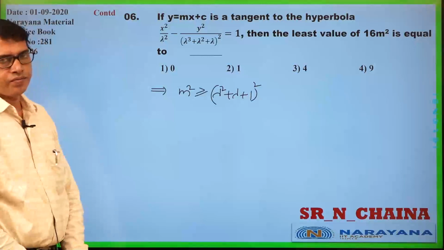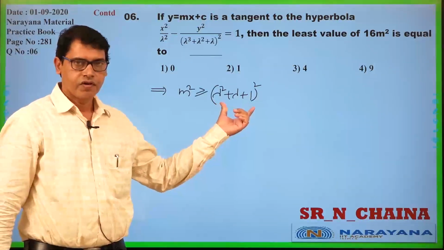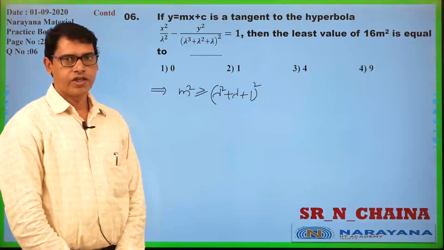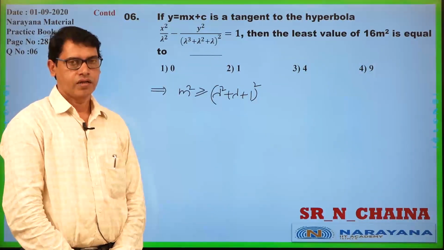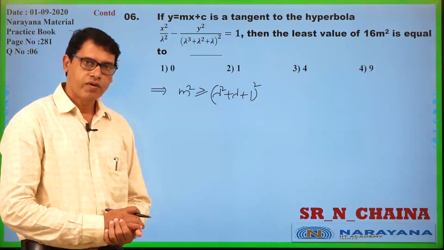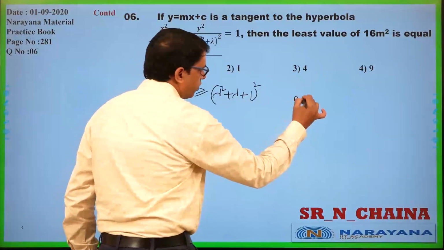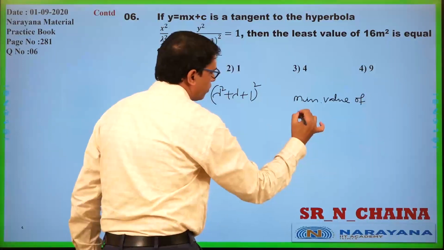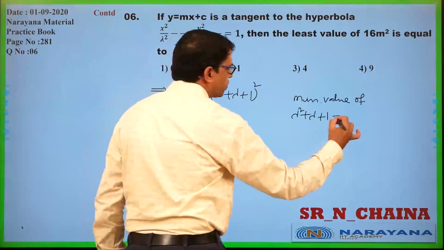This is a relation. Now observe RHS. It is a quadratic. What is the a value? The a value is 1. So a value greater than 0 means it possesses a minimum value. Yes or not? If a is positive, it possesses a minimum value. So what is the minimum value? Minus d by 4a. So here the minimum value of lambda square plus lambda plus 1 equal to how much?